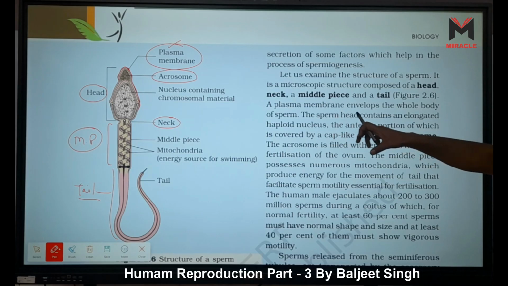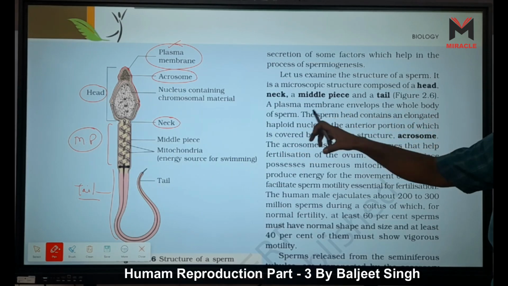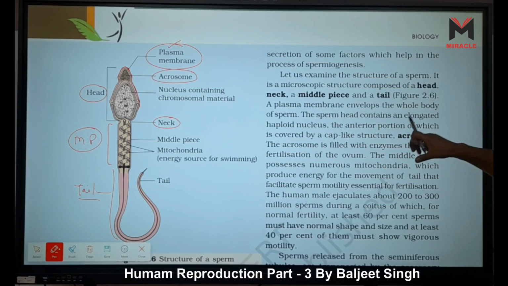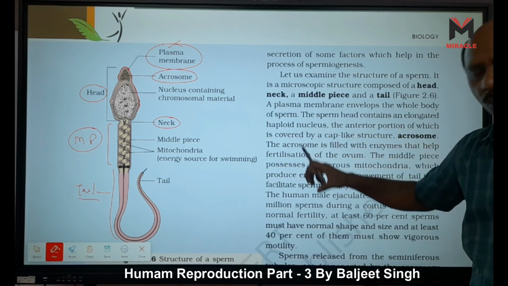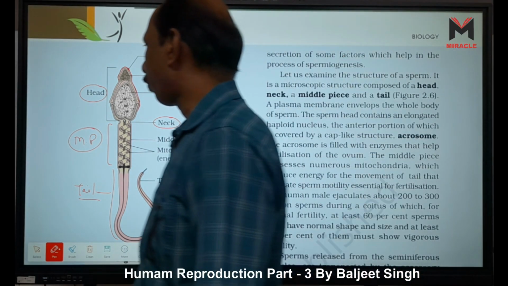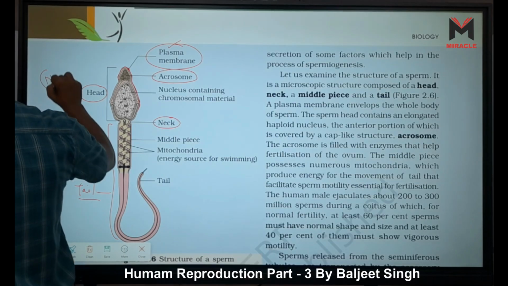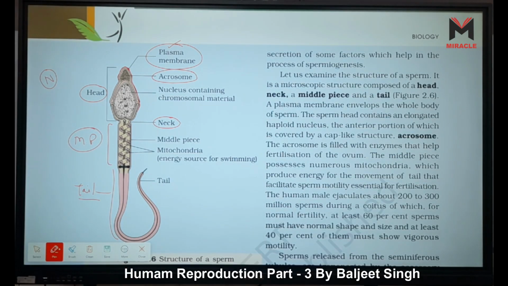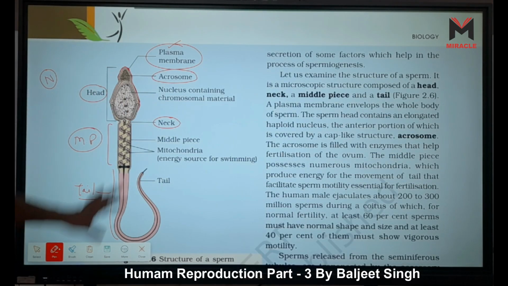A plasma membrane envelops the whole body of the sperm. The sperm head contains an elongated haploid nucleus. Haploid means half the number of chromosomes, that is n chromosomes. In humans, 23 chromosomes are present in the head region, right?